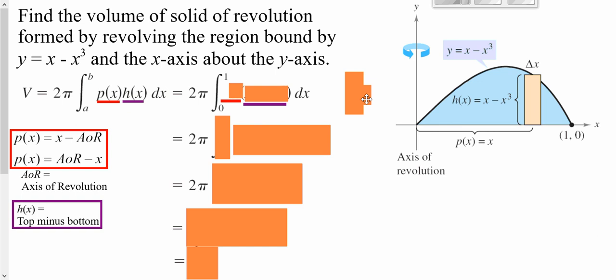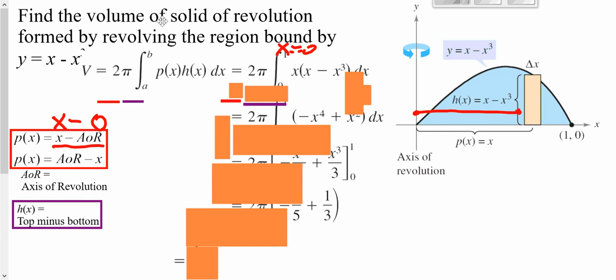Your radius goes from the middle of your shaded region to your axis of revolution. So we're going to have x minus our axis of revolution, which is 0, because remember, your y-axis is x equals 0. So it's x minus 0, which is still just x.